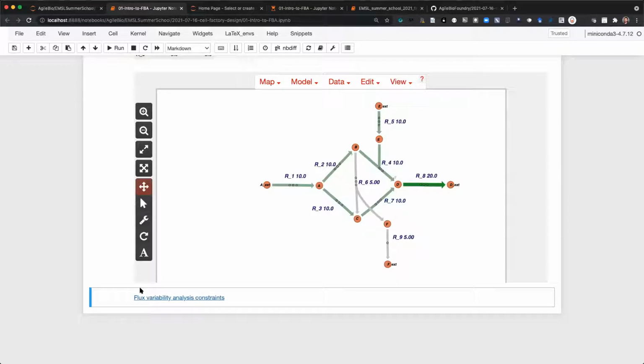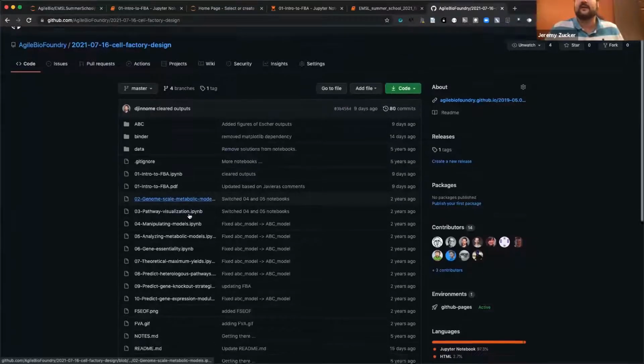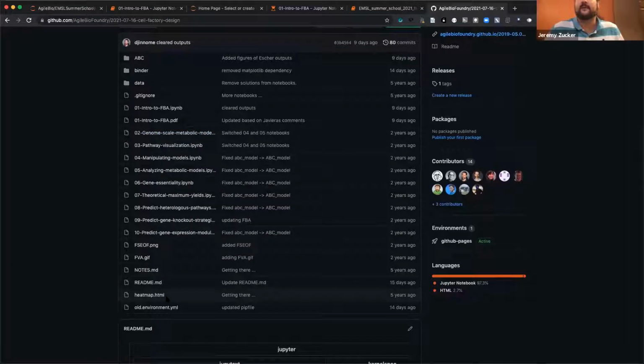I can try to follow up with the packages. I think COBRApy, Escher, and Cameo were the only packages that were used in this tutorial. And Plotly. Yep, so those are the 4. In fact, if you go to the Agile BioFoundry, there was an environment.yaml. Did I move it?